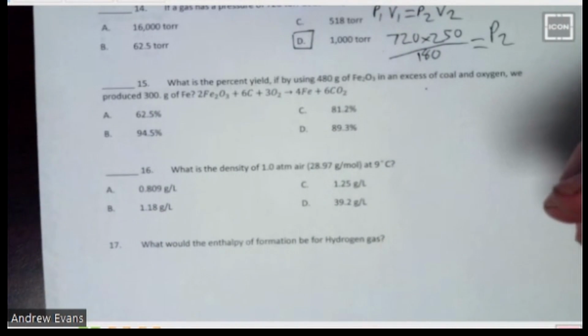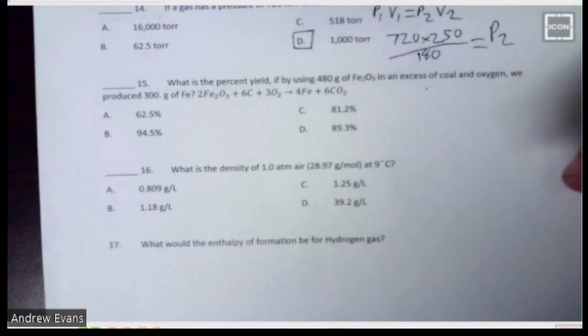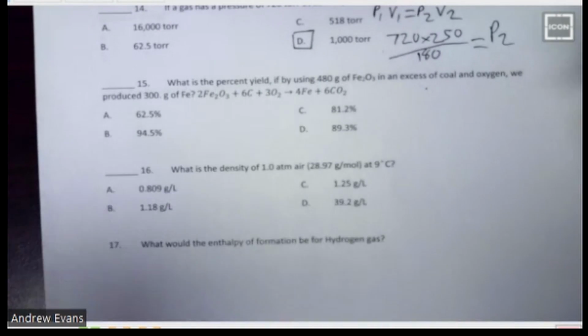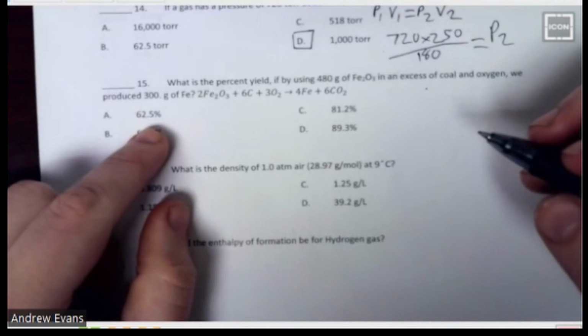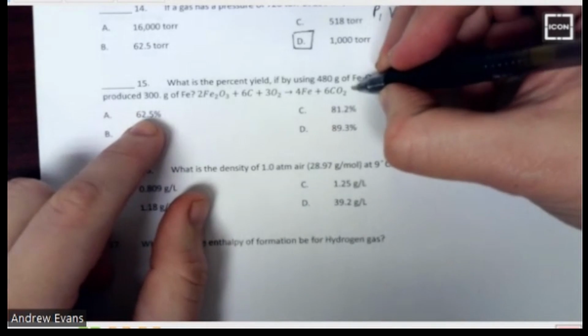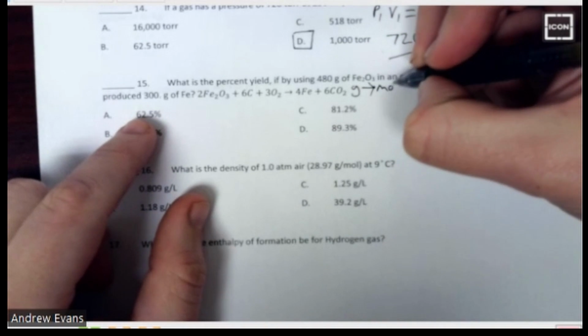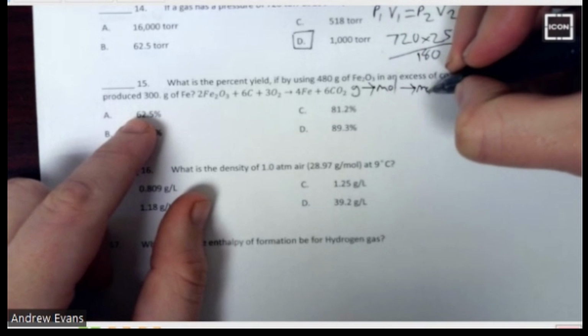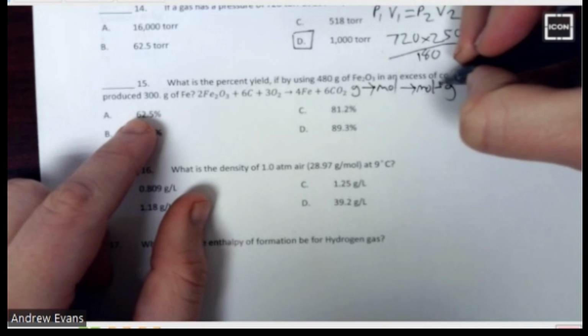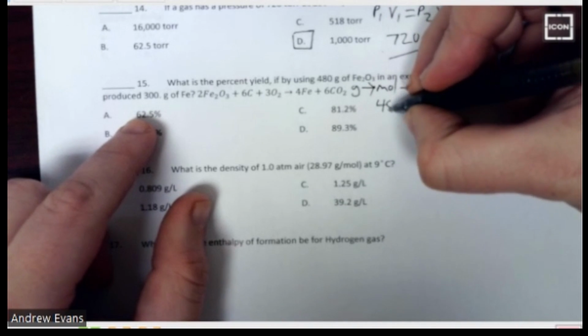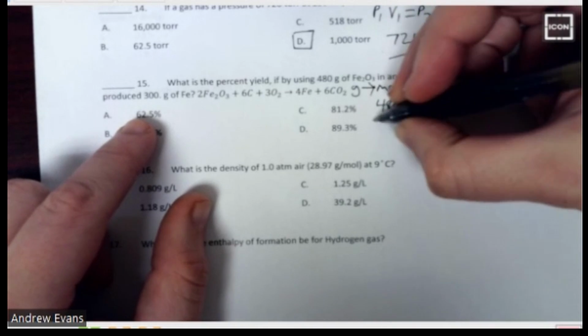Moving right along. What is the percent yield if you are using 480 grams of iron oxide and excess coal and oxygen to produce 300 grams of iron? So we're going to go grams to moles to grams. Starting with 480 grams of iron oxide.